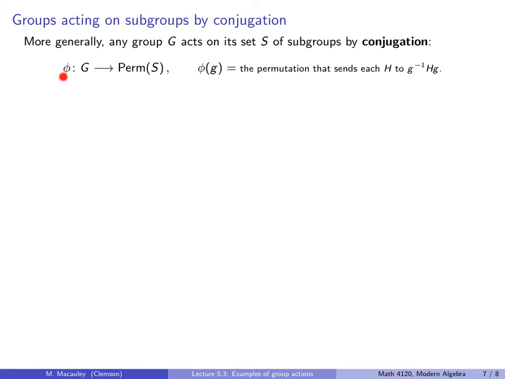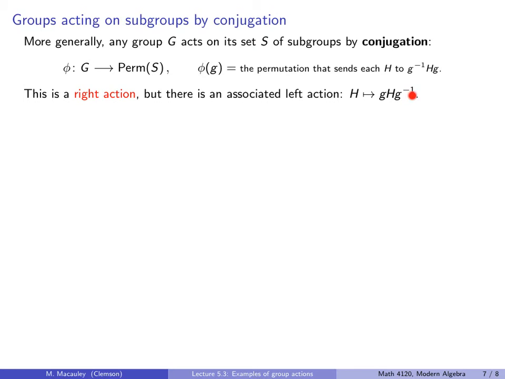So phi is a homomorphism from G to the permutations of the subgroups of G. And if you press the G button, then that's the permutation that sends each subgroup H to its conjugate G inverse H G. This is a right action, but there's an associated left action, as I mentioned before, where you just put the inverse on the rightmost G.